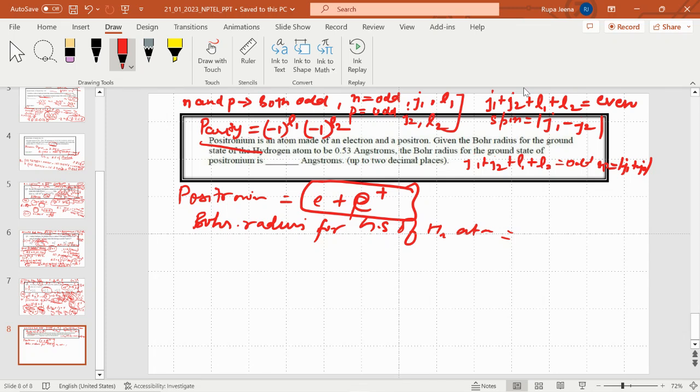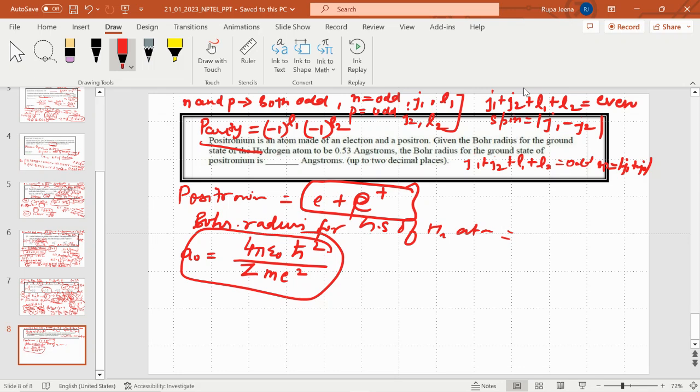So here you can see the value for it is 4 pi epsilon naught h cross square upon Z m e square. This is the case for hydrogen, because in hydrogen there is an electron and a proton.